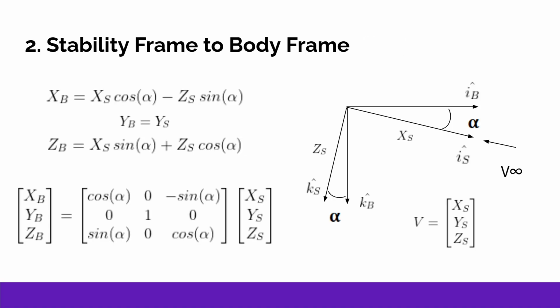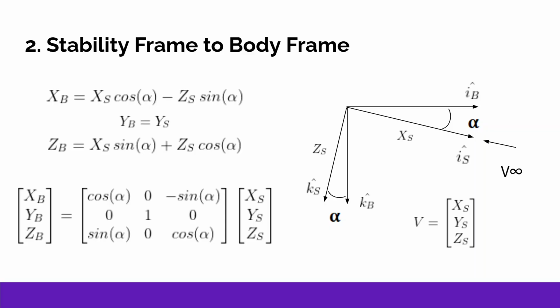So now onto the second transformation, and this time it is going to be from the stability frame to the body frame, and it is going to be a whole lot easier because we are only going to need one rotation. So we're going to start with the stability frame, and that is materialized by IS and KS, and we're going to rotate that by an angle alpha, or the angle of attack, to yield IB and KB, and that is going to be our body frame.